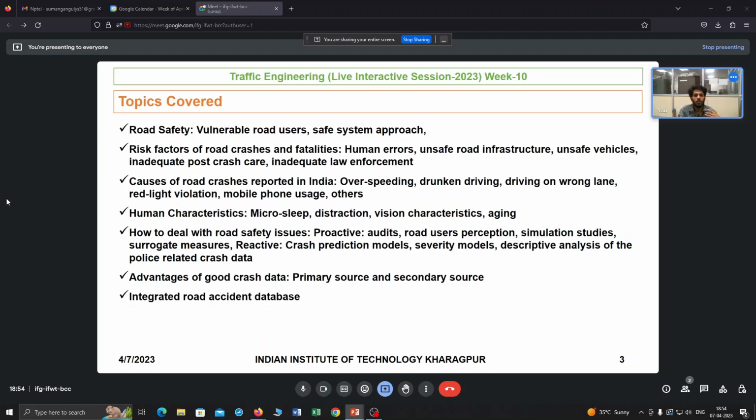Maybe you involve police there. There will be multiple locations where police may be present, and they will monitor this scenario. In other cases, you may want to develop new kinds of intelligent enforcement facilities, where, using a video camera, you can detect whether that vehicle is overspeeding or not.